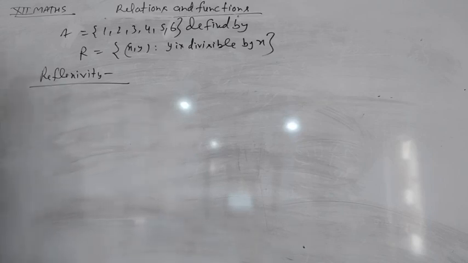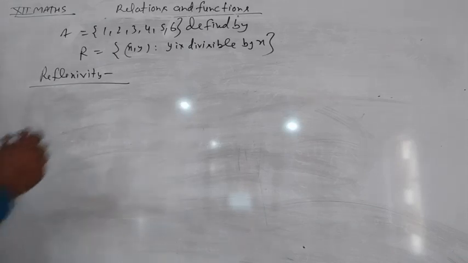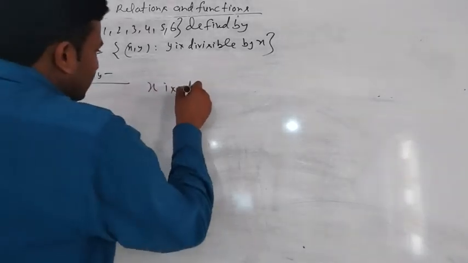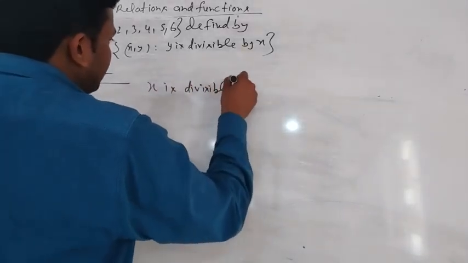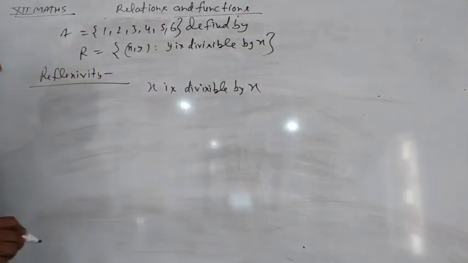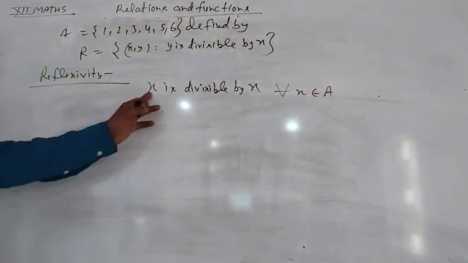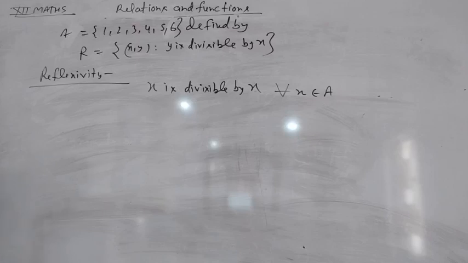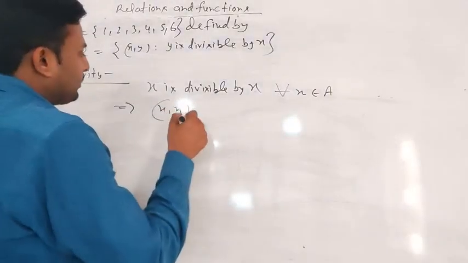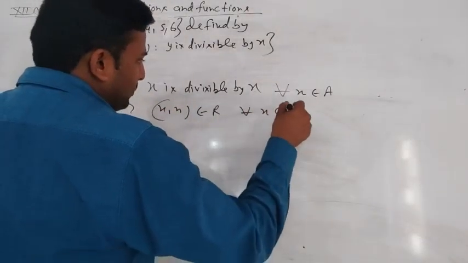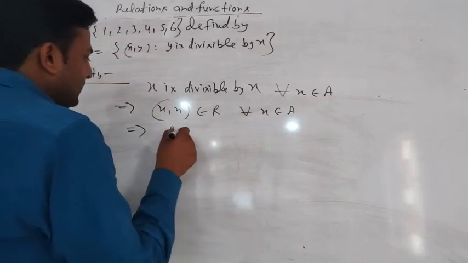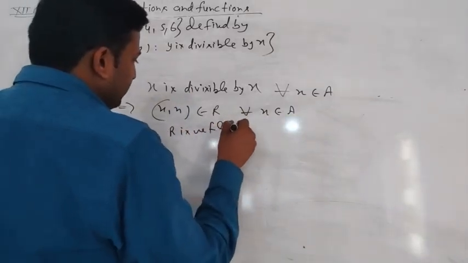symmetricity and transitivity. So students, for reflexive, we check whether (x, x) belongs to R. We know that x is divisible by x for all x belonging to A. So we can write (x, x) belongs to R for all x belonging to A. So this implies R is reflexive.